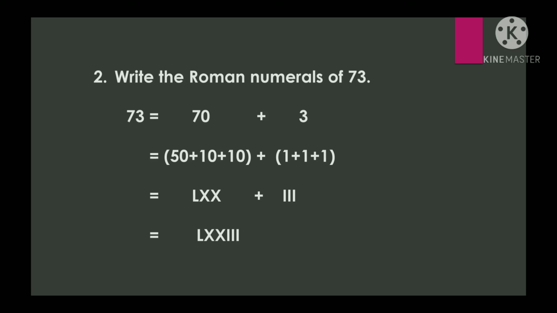So we can write as 50 plus 10 plus 10, which is equal to LXX. For 3 we can write 3 times 1, which is equal to III. So finally the Roman numeral for 73 is LXXIII.